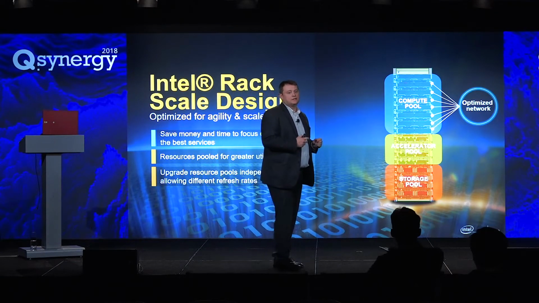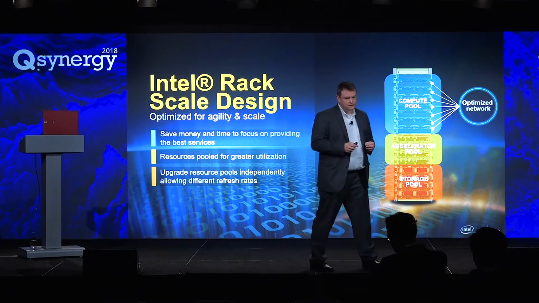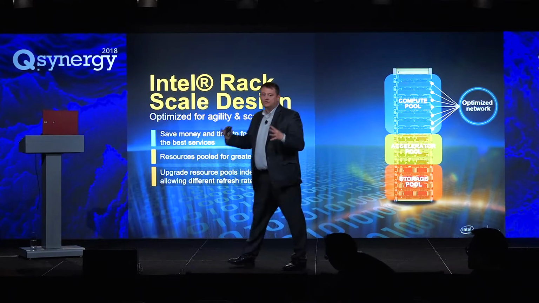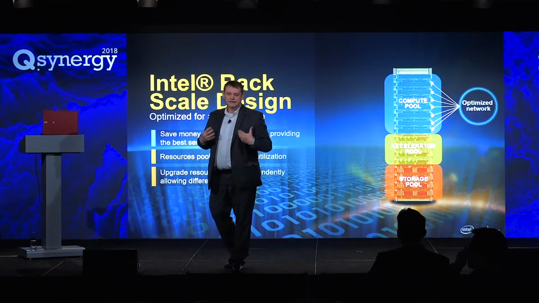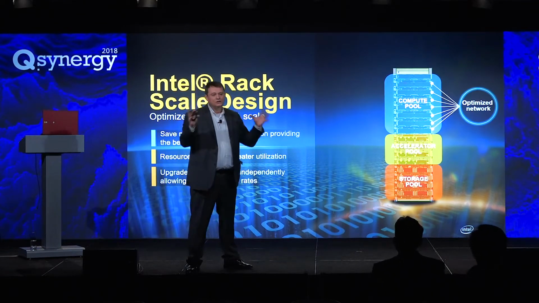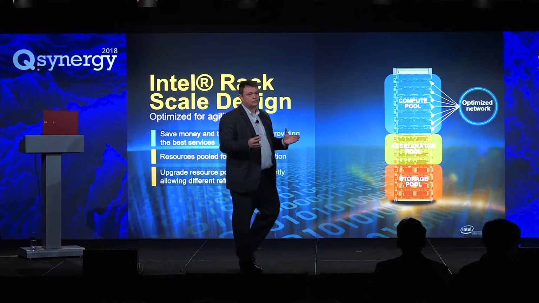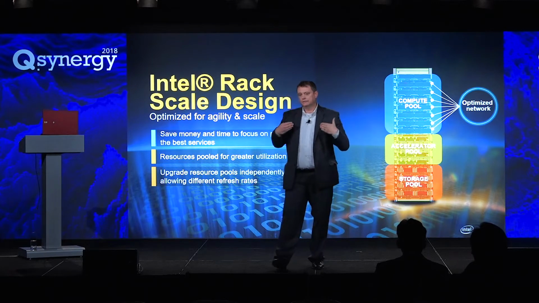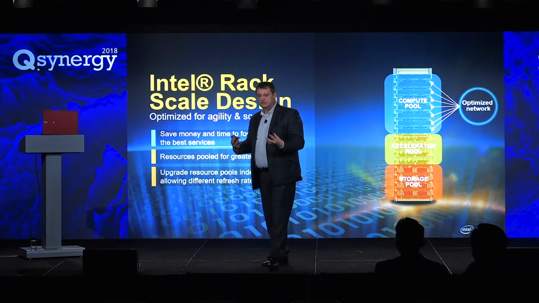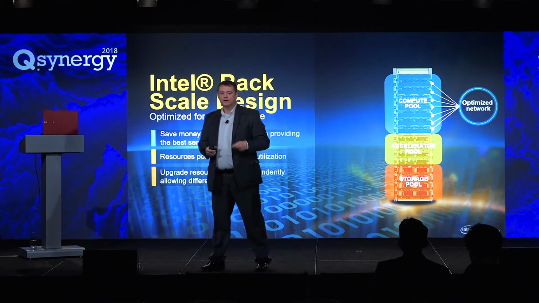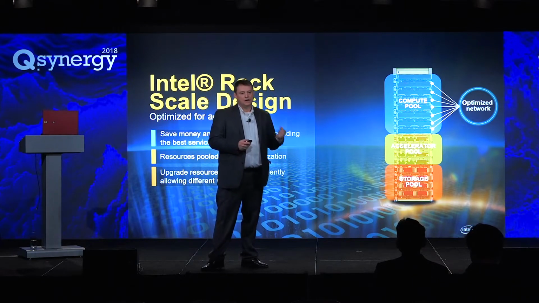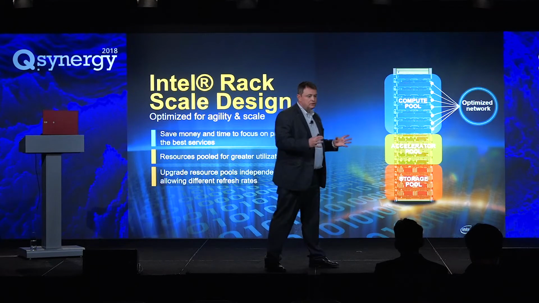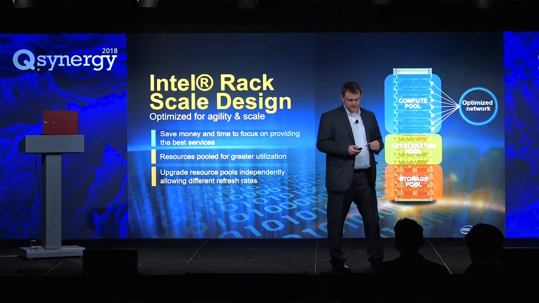Very recently, we were working with a very large China-based cloud service provider, and one of the key problems they had in their data center was that they had 200 configurations of their servers. So clearly, there was a big demand for agility and the ability to flexibly compose architectures. And this is really what resource pooling as well as Rackscale design provides.